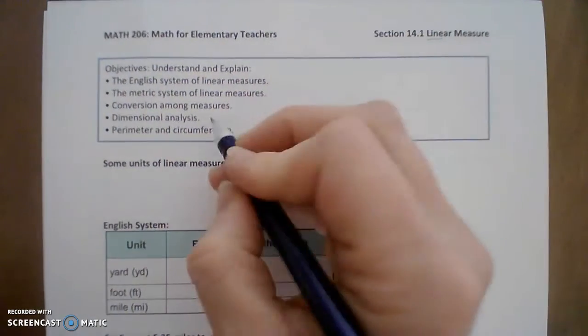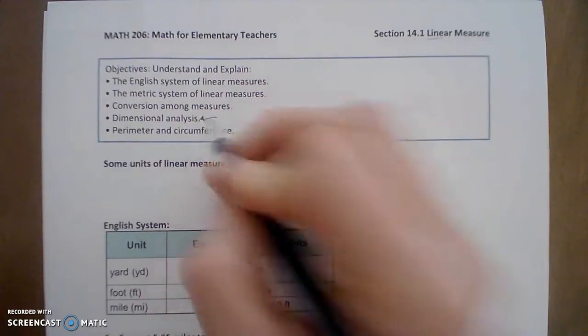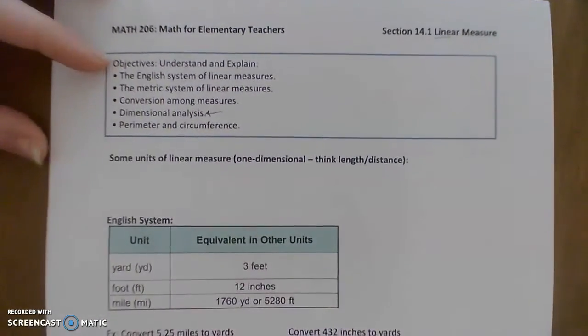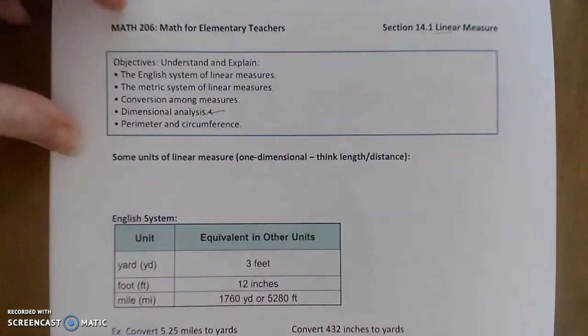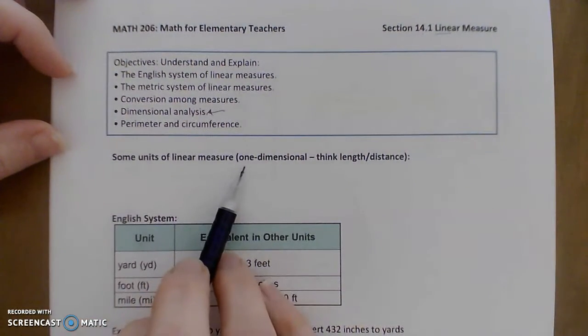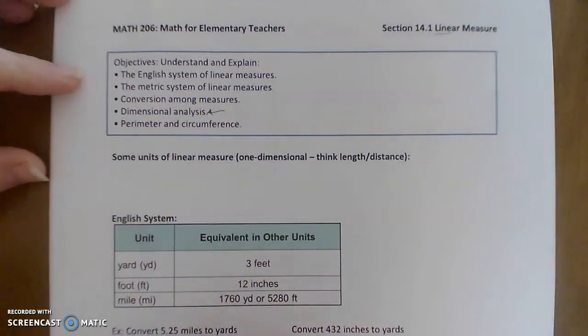And my favorite way to convert is dimensional analysis. We'll discuss that. And then, of course, perimeter and circumference. So let's just brainstorm first. Think of some units of linear measure. That would be units that you use to measure one-dimensional things like lengths or distances.